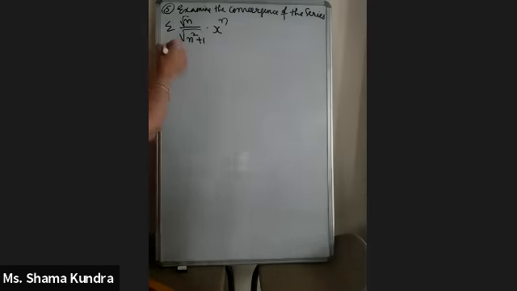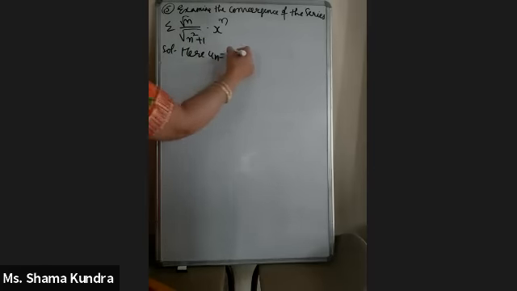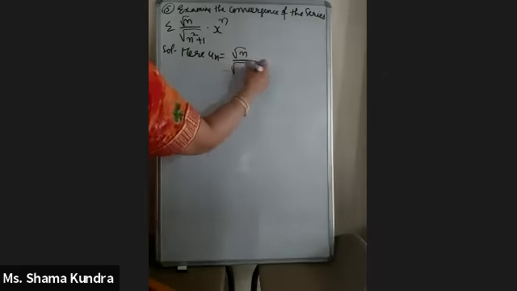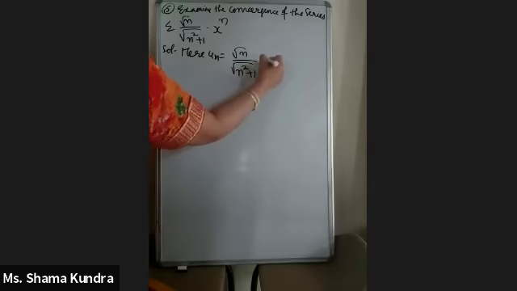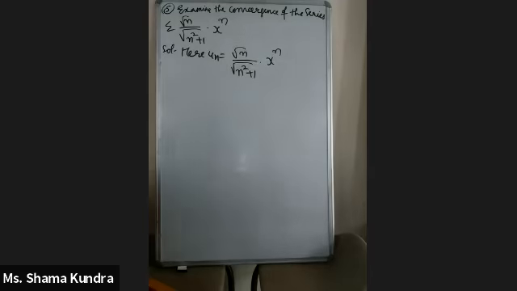Here un equals to square root of n over square root of n square plus 1 into x raised to power n. For un plus 1, replace n with n plus 1. What we will get?